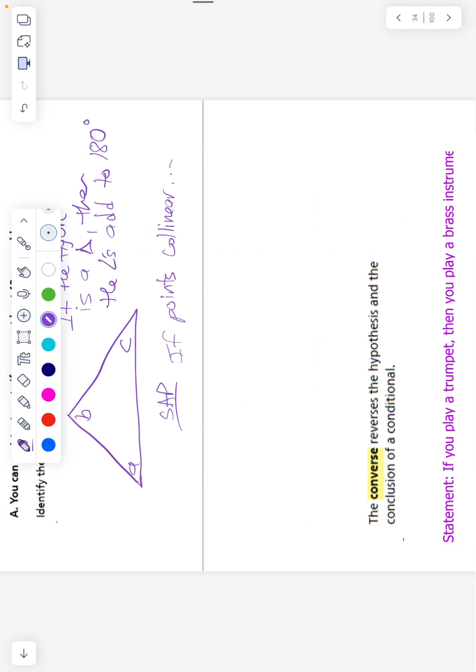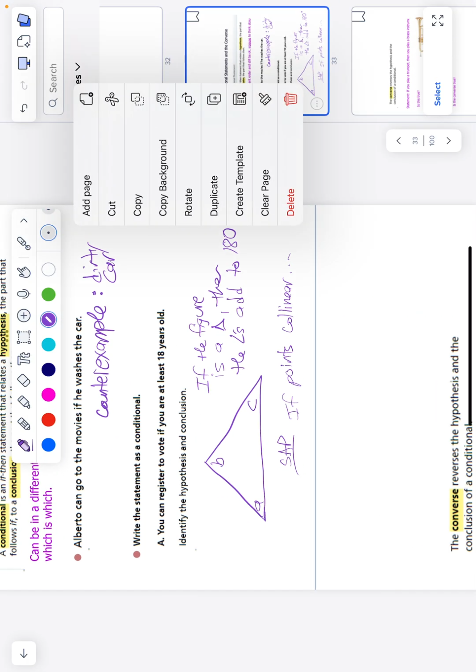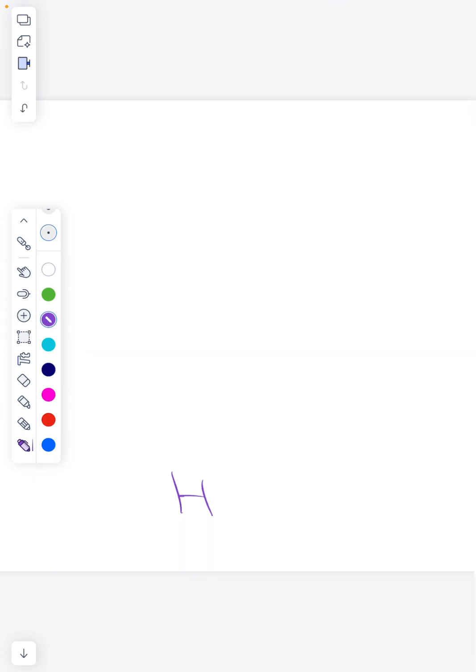Let me get a blank part here before this. So I'll write a conjecture. How about this?